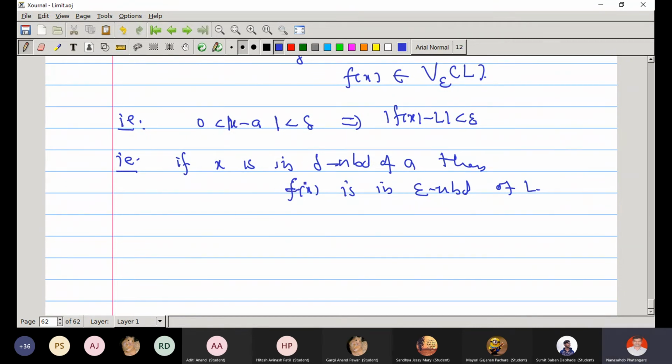When we say that limit at A is L, then we think about two neighborhoods. Which neighborhoods? Delta neighborhood of A and epsilon neighborhood of L.